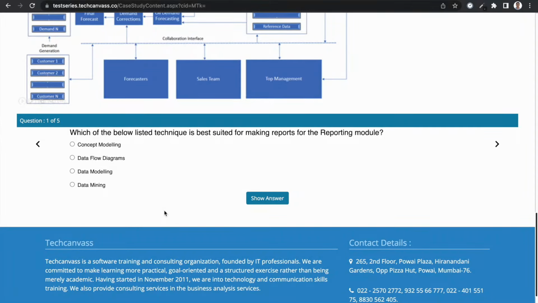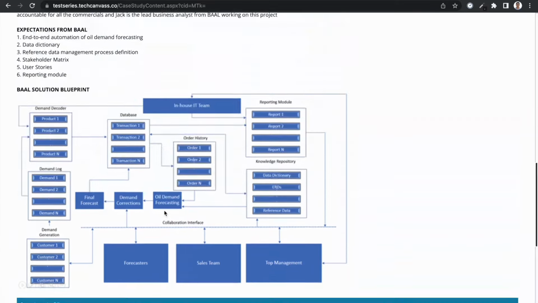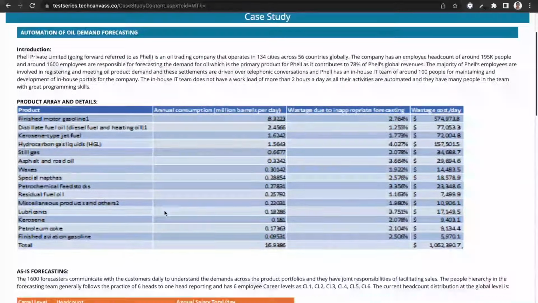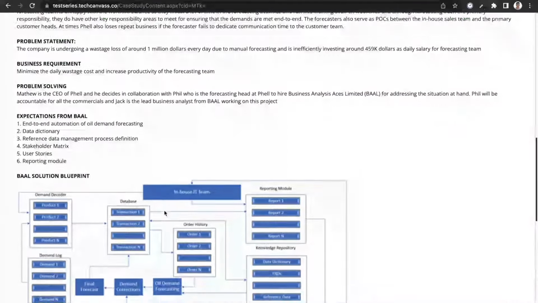Question 1 says, which of the following listed techniques is best suited for making reports for the reporting module? This question is quite straightforward. If you know the purpose of each technique, you may be able to answer it even without reading the entire case study. This may help you sometimes.